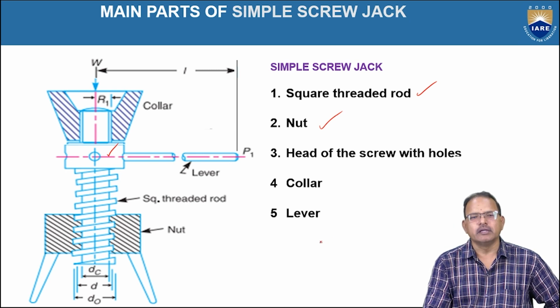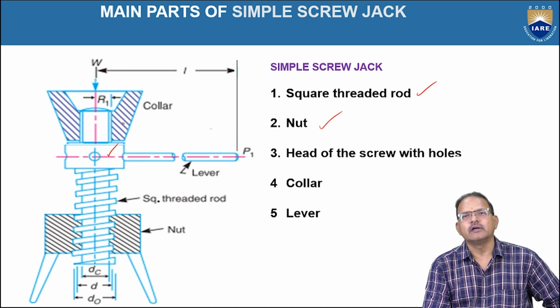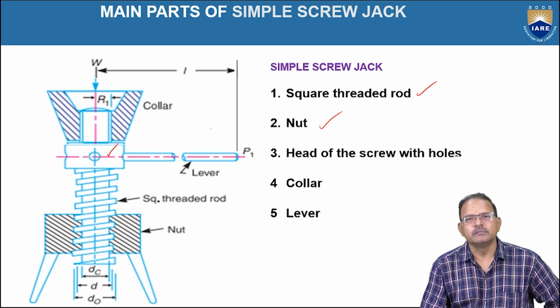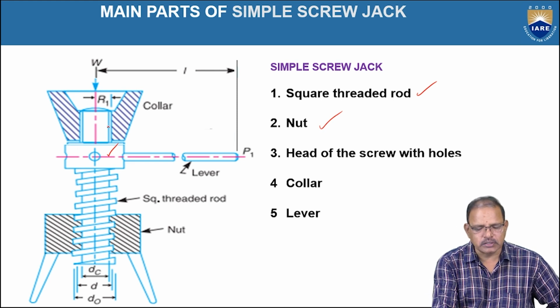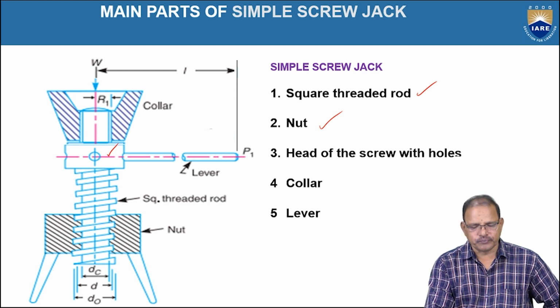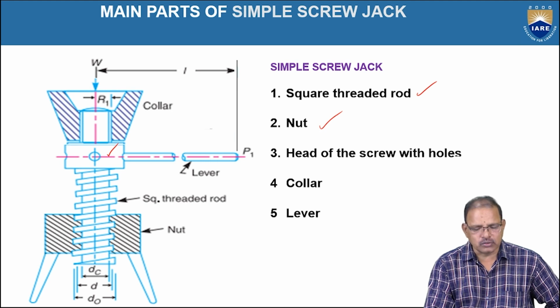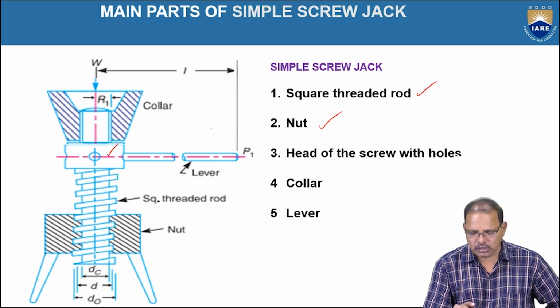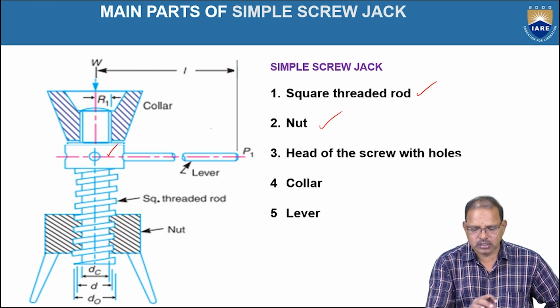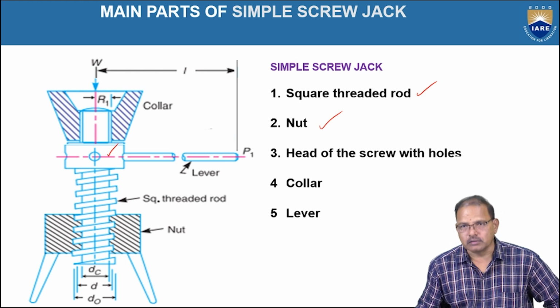A collar is provided at the top in the form of a cup to keep the load over it, and it can be rotated freely with respect to the pin projected at the top, so that when the nut is rotating, the load stays stationary. A lever is also provided to rotate the nut.